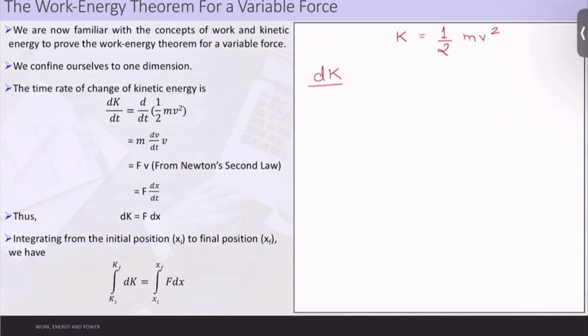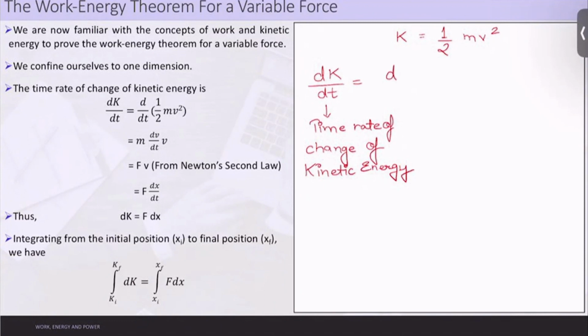So let us try to calculate dK by dt, that is the time rate of change of kinetic energy. So it is nothing but d by dt of kinetic energy, that is half m v square.